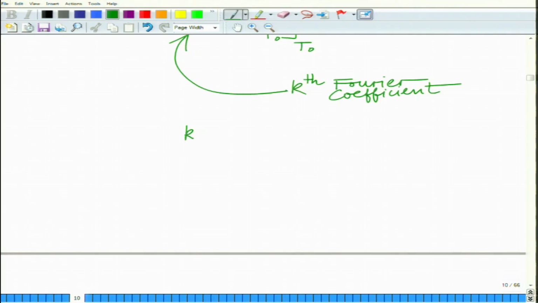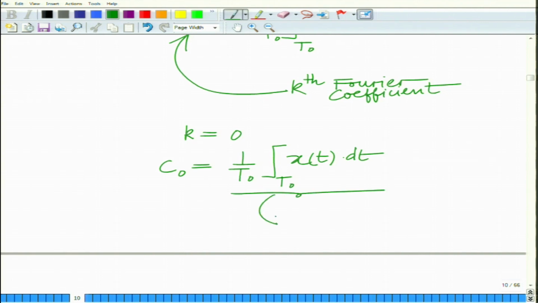And of course, if you look at C naught, let us set k equal to 0 here: C 0 equals 1 over T naught integral of duration T naught of x t, and e raised to j k omega naught t is simply e raised to 0, that is 1, times dt. You can see this is simply the mean or average of x t over one period T naught.